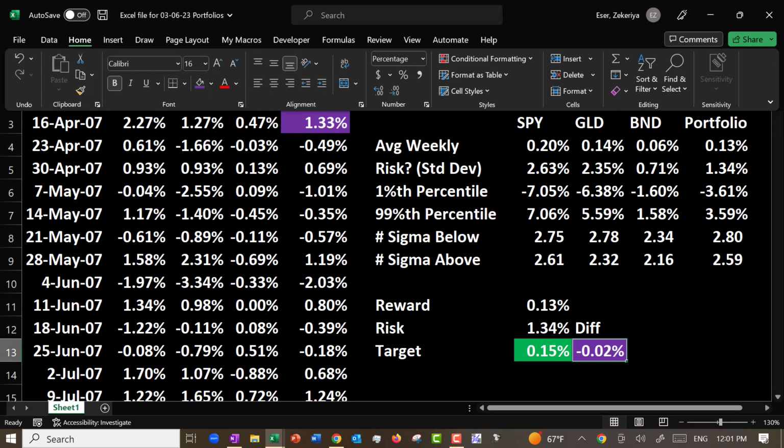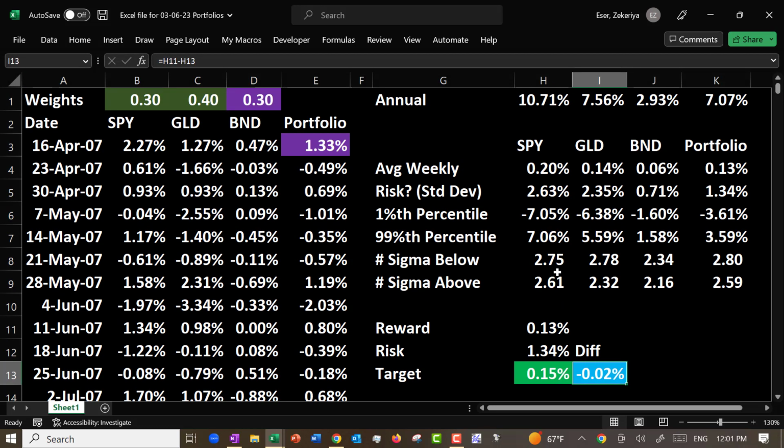Now, I'm going to ask Excel the following question. Among the portfolios that have a return of 0.15%, which set of these two weights is going to give me the least amount of risk? So under the Data tab, go to Solver.